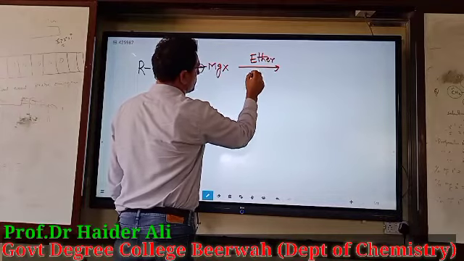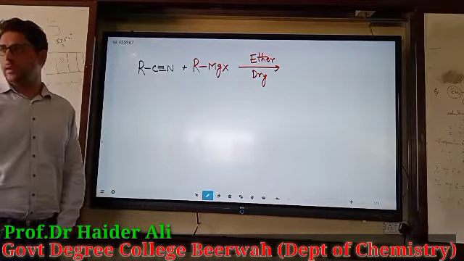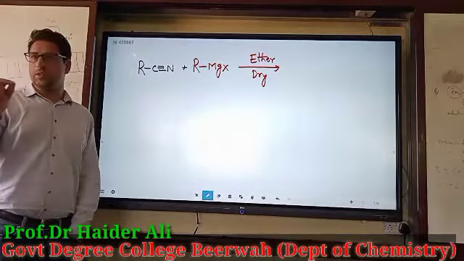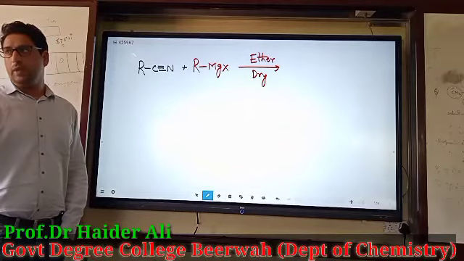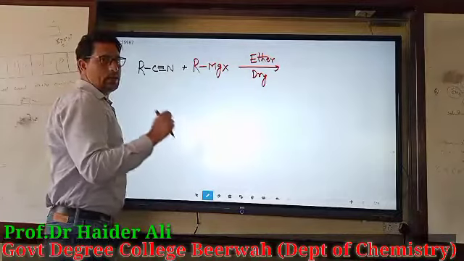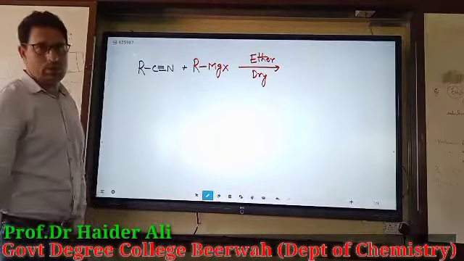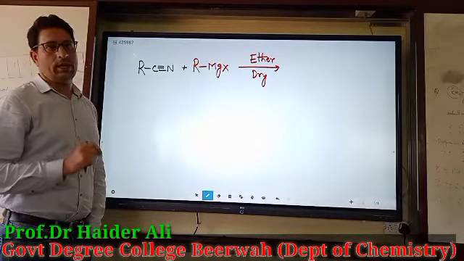But make sure that ether should be dry. If there is a little bit of moisture in the solvent, there is probability of reaction of that moisture with this Grignard's reagent, and that will cause problems in the reaction. So make sure that in this reaction, ether is as dry as possible.